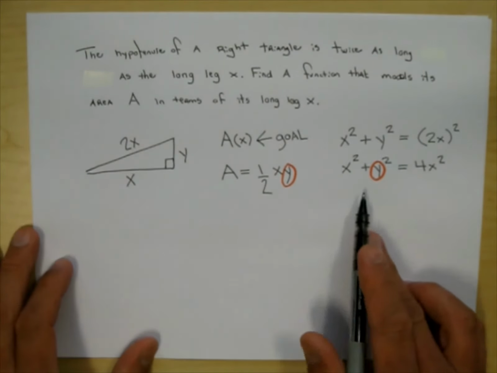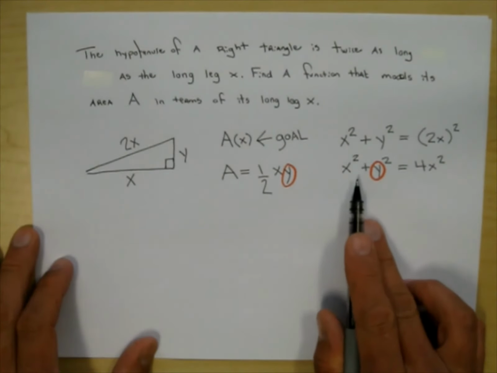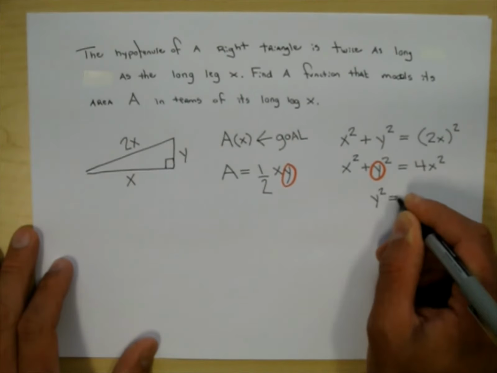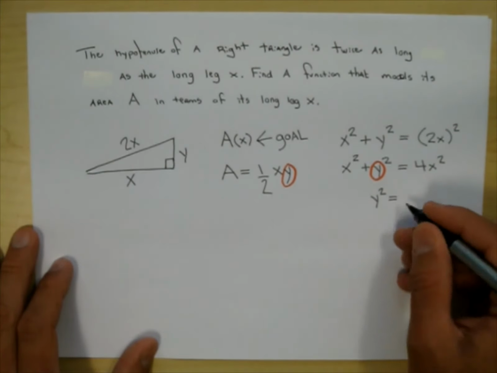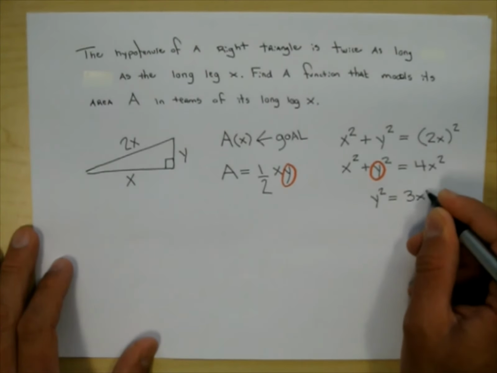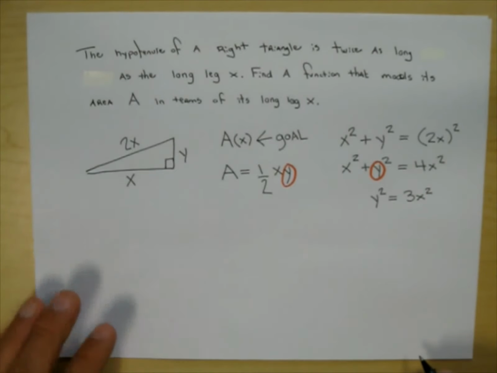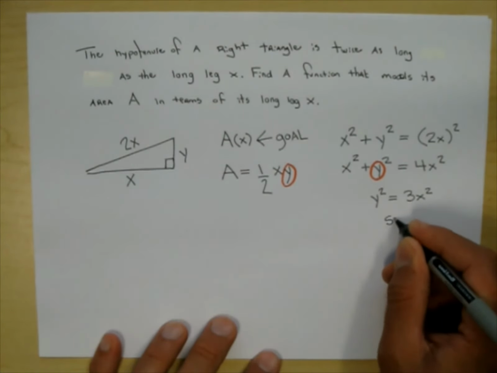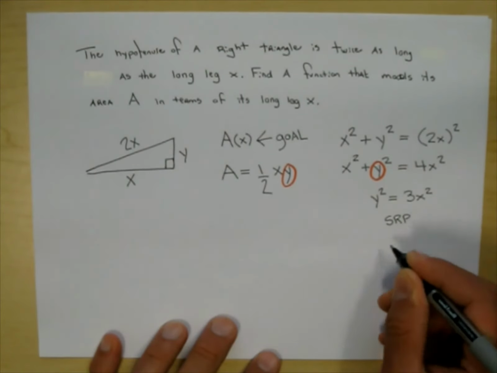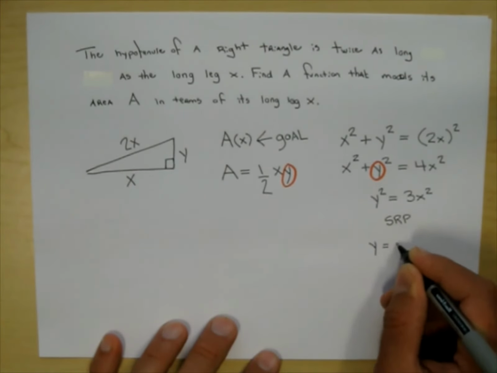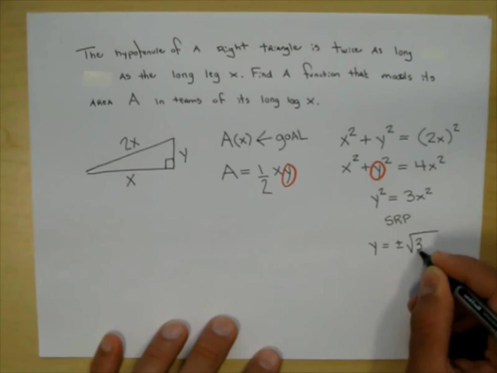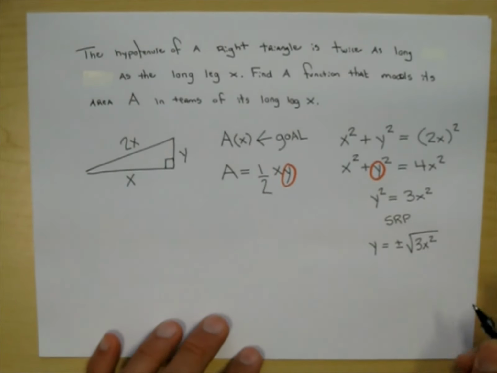Okay, so what I'm going to do is subtract x squared on both sides. So 4x squared minus x squared is 3x squared. And then I'm going to take the square root property, which says y equals plus or minus the square root of 3x squared.